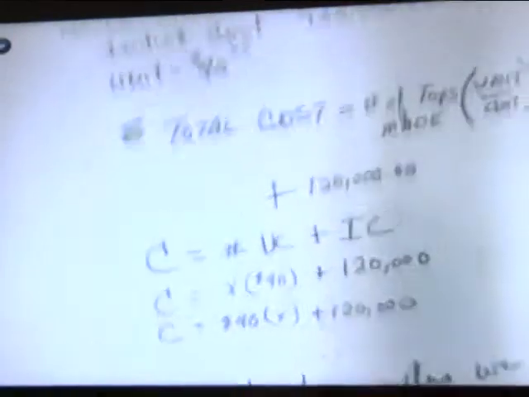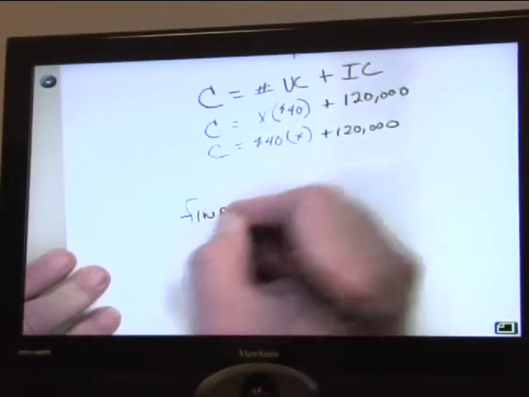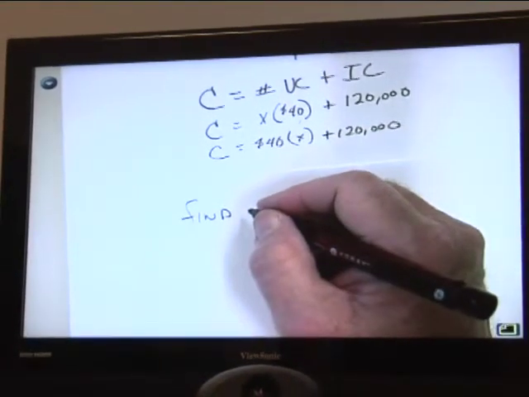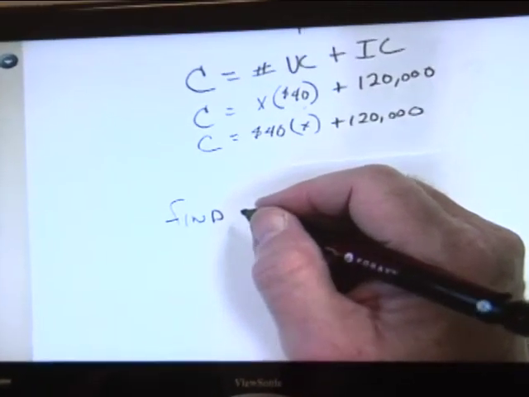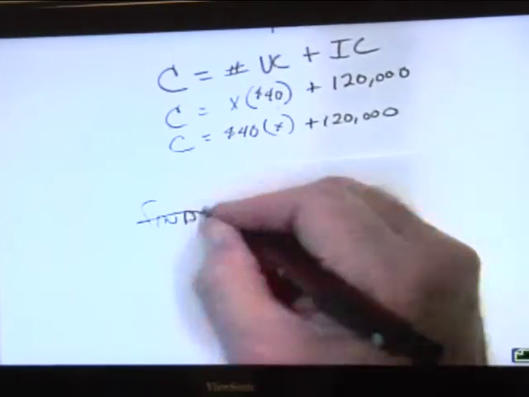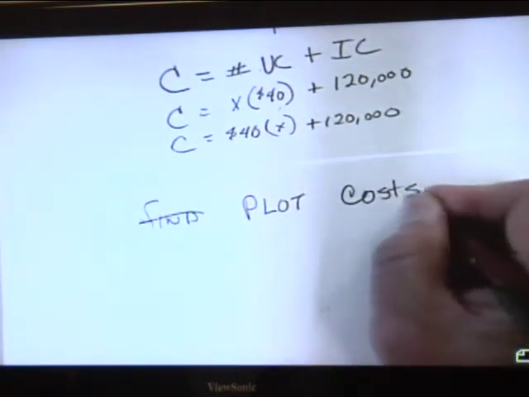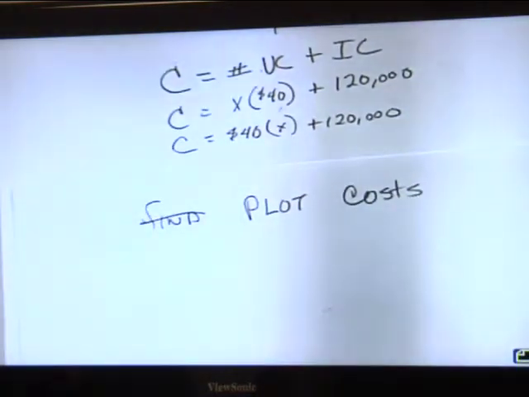So now it asks us, we wrote the equation, we did that, and then plot the cost. It wants us to plot the cost of making 1,000, 2,000, 3,000, or 4,000.